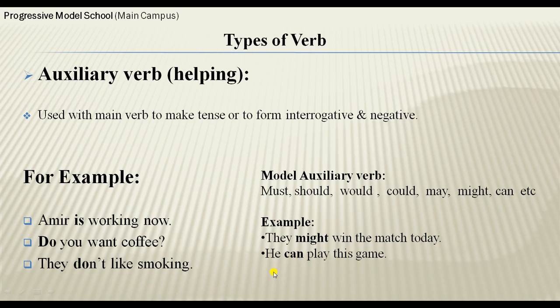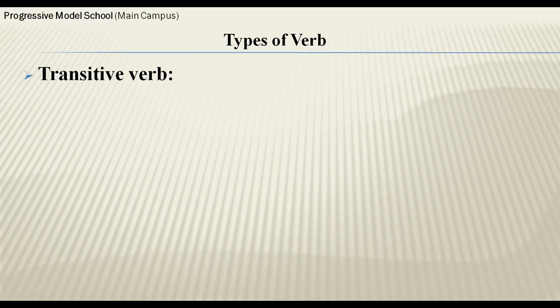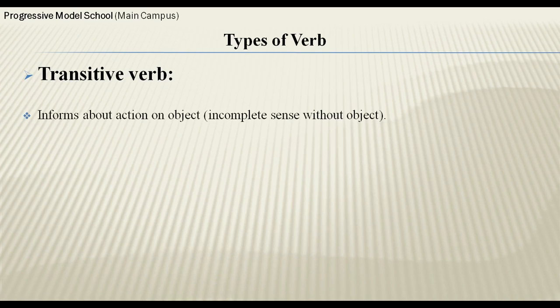So now let's move towards another type of verb, that is transitive verb. It makes sense if it exerts action on an object. Or a transitive verb doesn't give complete sense without an object in a sentence. For example, please bring coffee.